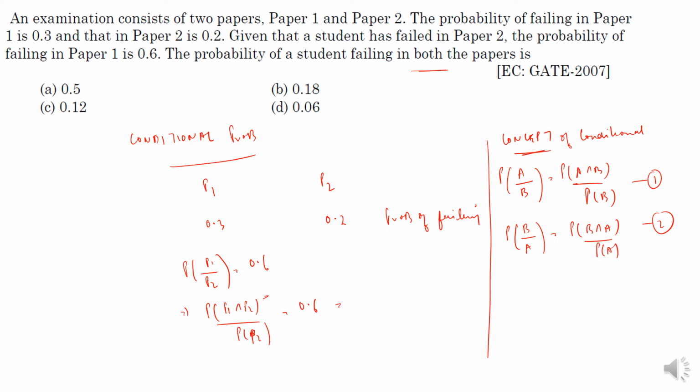From this I can write that probability of P1 intersection P2 is equal to 0.6 into probability of P2. Probability of failing in P2 is 0.2. So it is 0.12. The answer to this question is C. I hope this is understood.